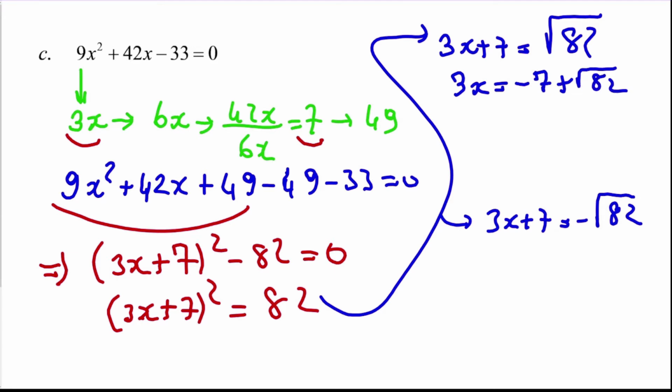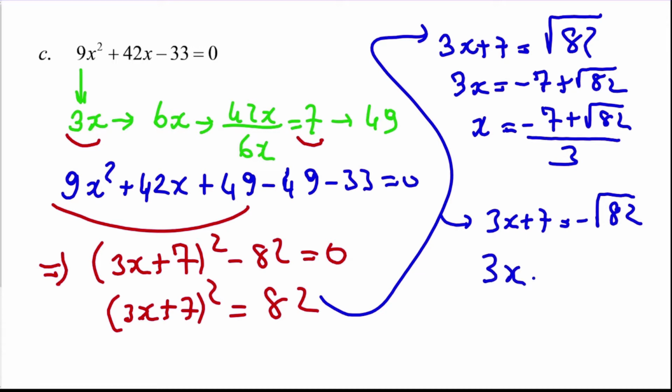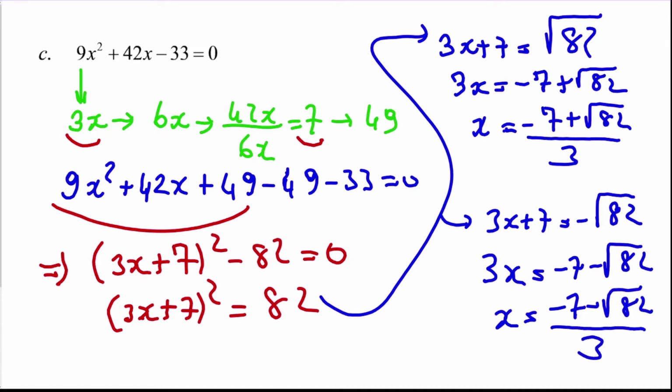If we divide both sides by 3, x is (-7 - √82)/3.